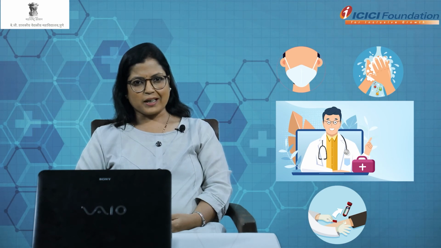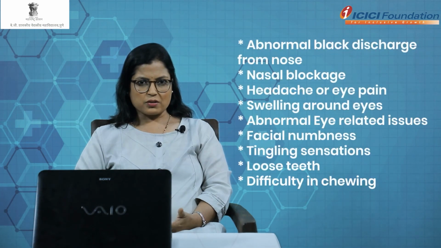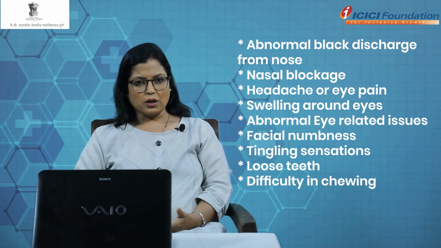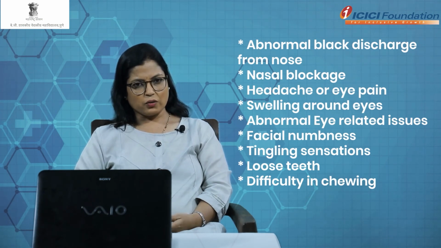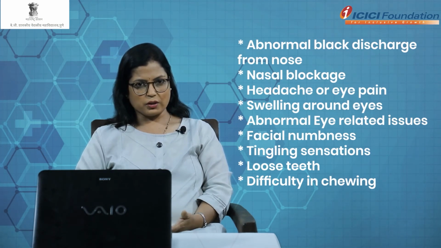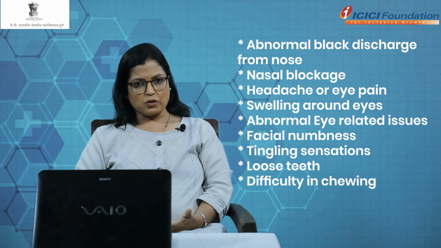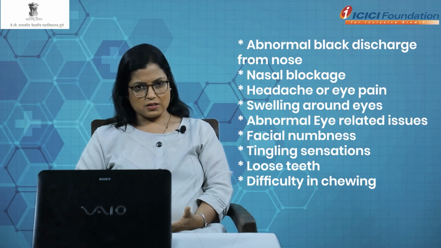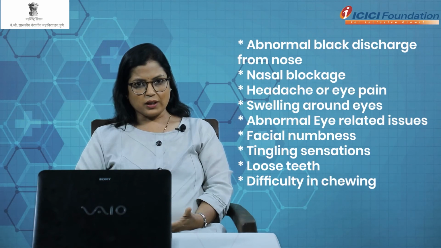Educate the patient about signs and symptoms of mainly rhinocerebral mucormycosis: abnormal black discharge or crust or blood from the nose, nasal blockage, headache or eye pain, swelling around the eyes, double vision, redness of eye, loss of vision, difficulty in closing the eyes, inability to open the eyes, prominent eye, then facial numbness, tingling sensation, loose teeth, difficulty in chewing or opening the mouth.